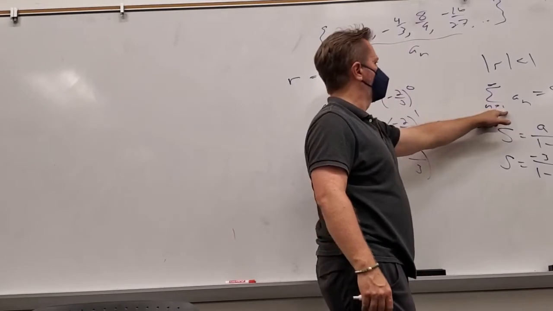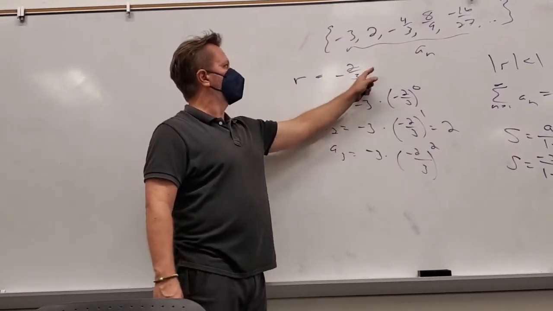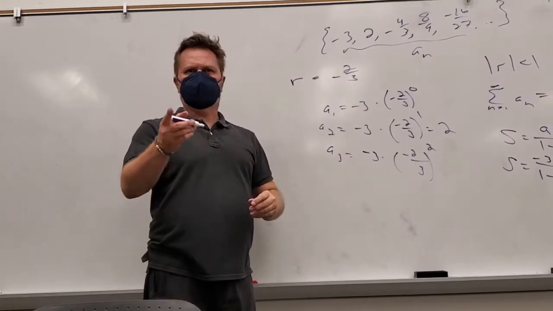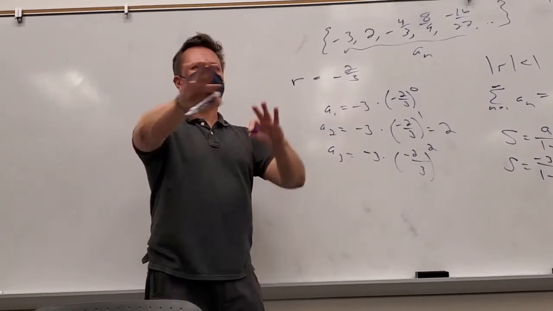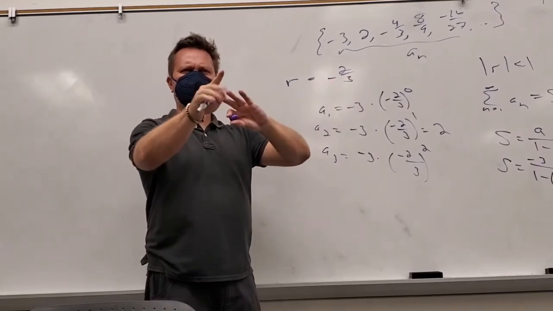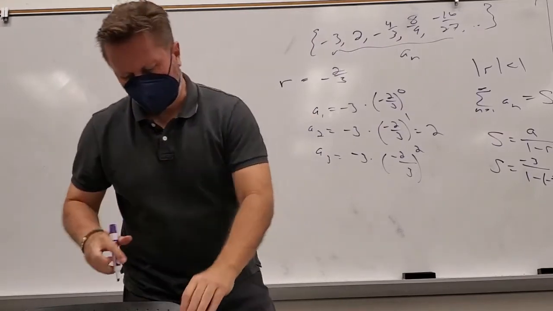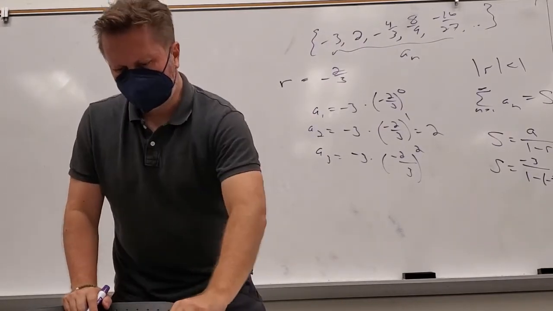Would it converge? Yes, and then we can see what it converges to, right? Because the absolute value of R is less than 1. Anything else on that? Okay, yes. 78 on 11.2.